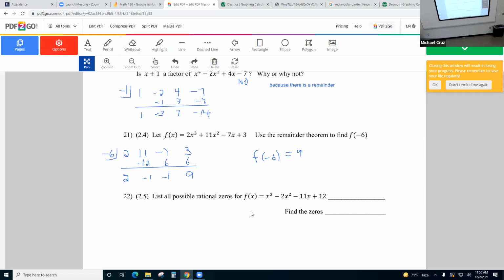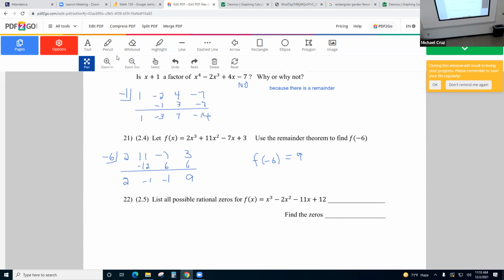All right, so we've got to find all the zeros. This one's not too bad. The one I had that the 128 people had was like 25 and 35.